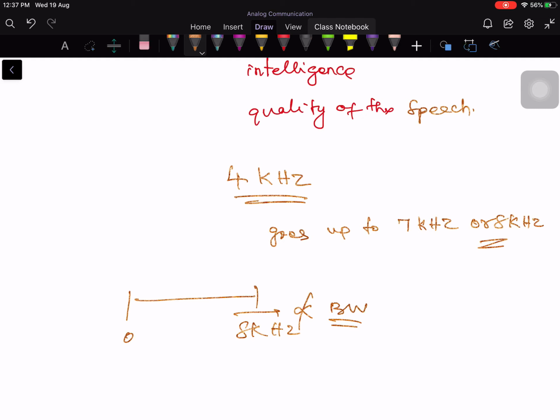If a signal has more bandwidth, it will occupy more bandwidth somewhere in the spectrum of communication signals, and it will disallow other signals to be transmitted in that frequency band, because the band is already occupied by this particular signal. Therefore, bandwidth becomes a very important resource for a communication engineer.